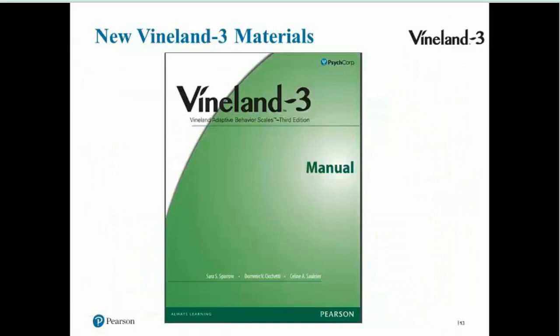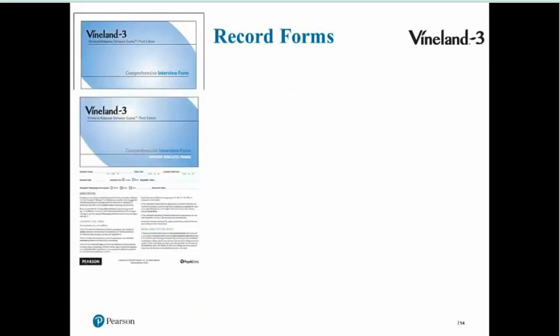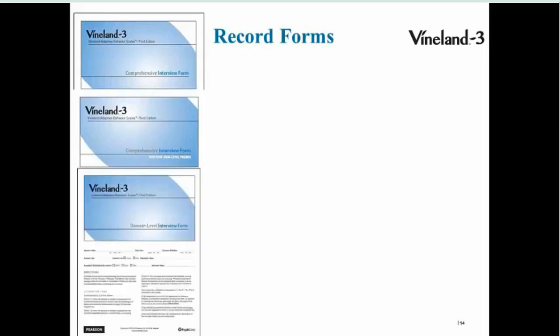The Vineland 3 materials have a new look and feel. This is a look at the new Vineland 3 manual, and the record forms are also new and revised. There are 3 interview forms, a long form called comprehensive. The comprehensive form also comes with or without item level probes, depending on how comfortable you are coming up with your own interview start points and questions, and a short form for the interview.